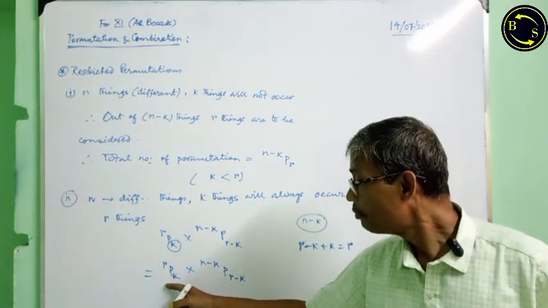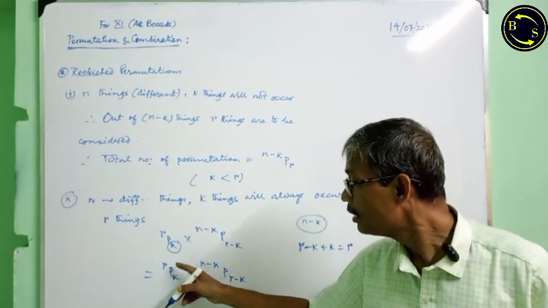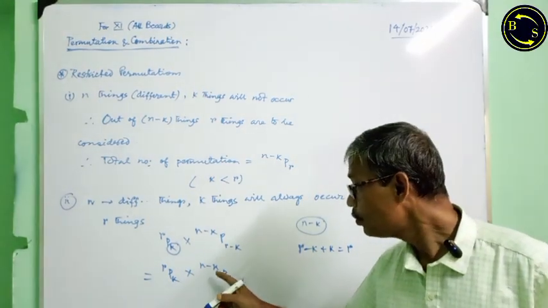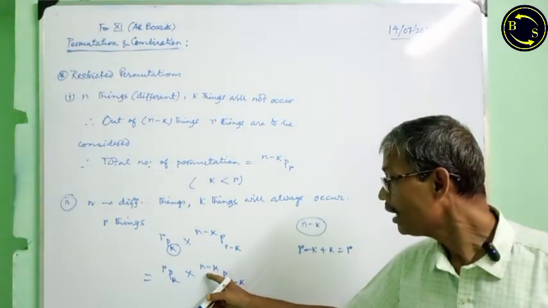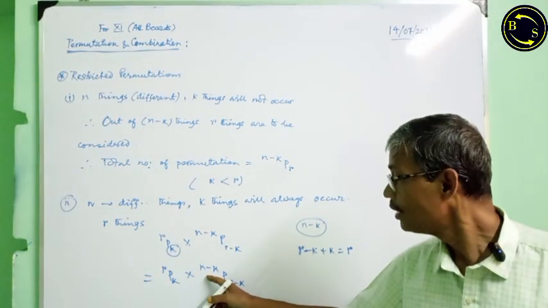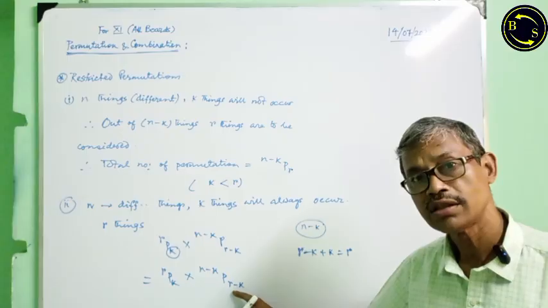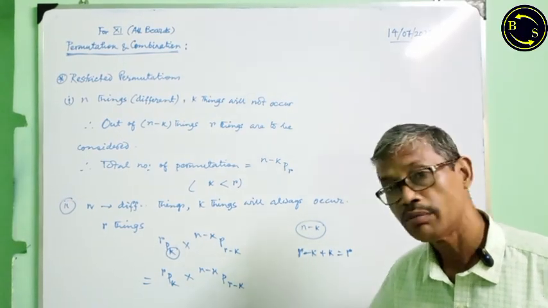Therefore, permutation will be for those k things R P k into n minus k things are there still. Therefore, out of those we have to consider R minus k things. Total number of permutation will be this.